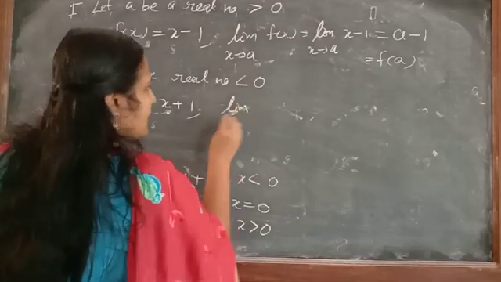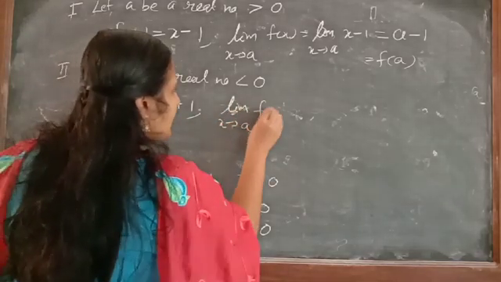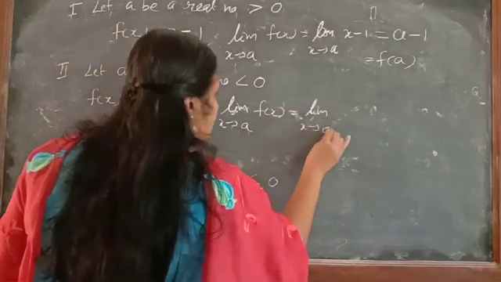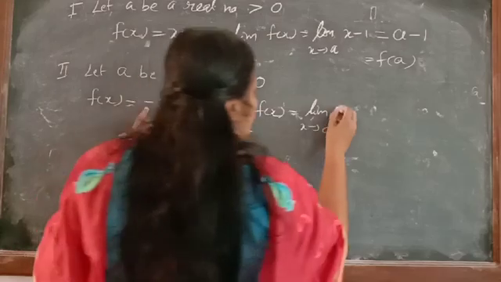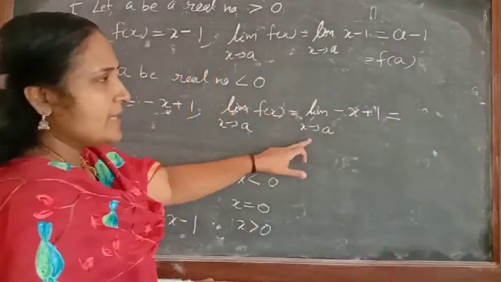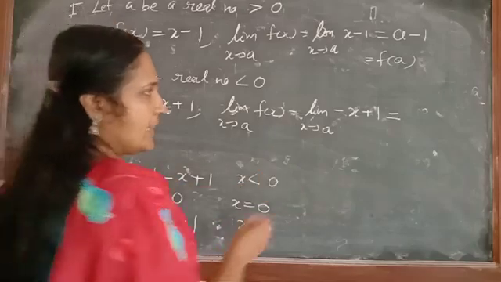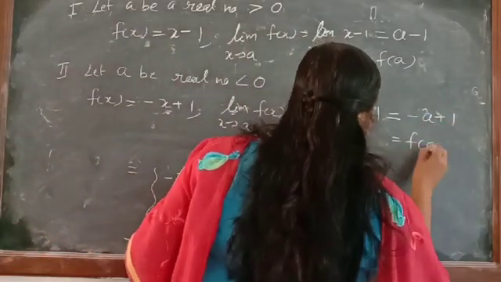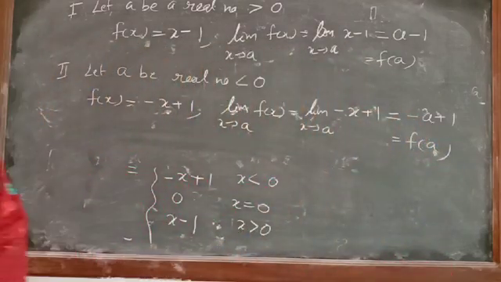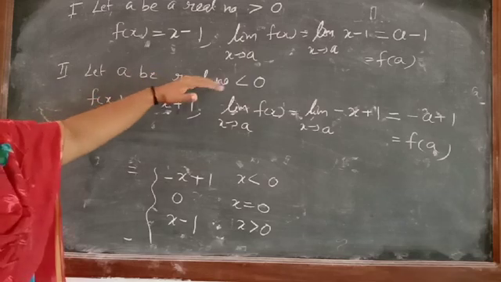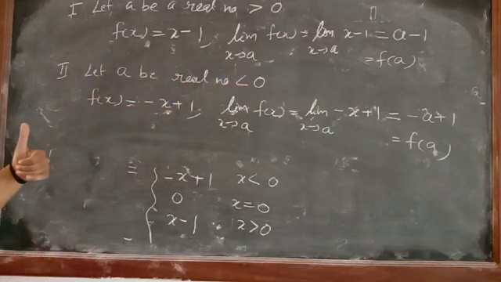Again write down there, limit x tends to a, f of x is equal to limit x tends to a, and in place of f of x we have minus x plus 1. Now in place of x substitute a. Then we will get minus a plus 1, which is equal to f of a, which means the function is continuous for all the values of a which are less than 0.